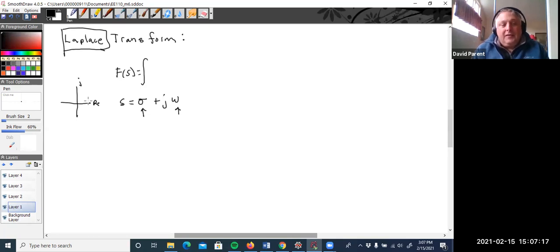This F of s is here, but it takes as one of the inputs a time domain. So if we take something in time, right, it converts it to something in frequency on the complex plane.